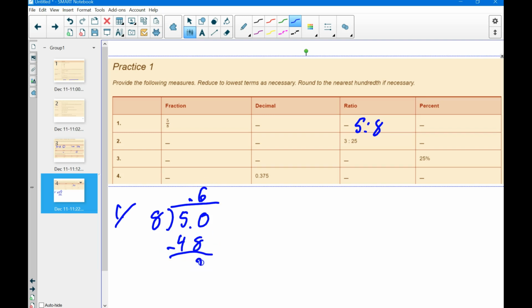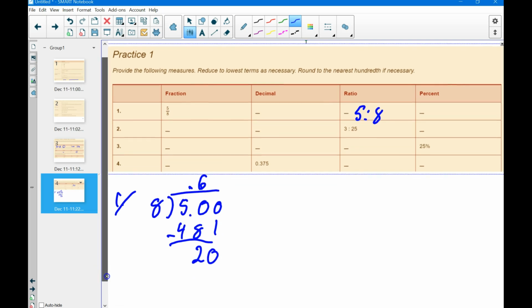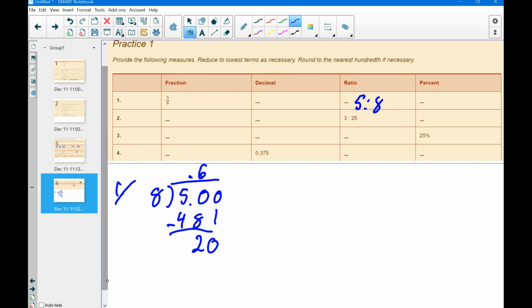And I subtract, negative 48, the 0 here, 2 comes right down, or 0 comes down. 8 into 20. 2 times, it's going to be 16. I'm going to subtract, negative 16, 4. And I'm throwing another 0 up, 0 down.